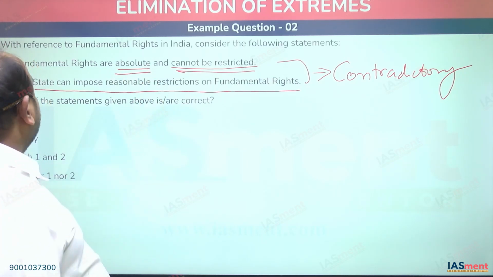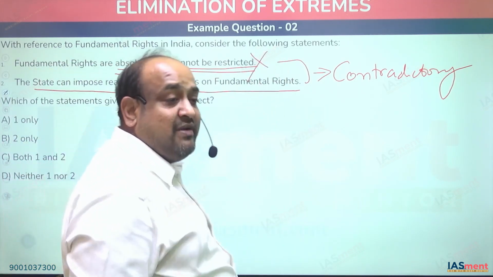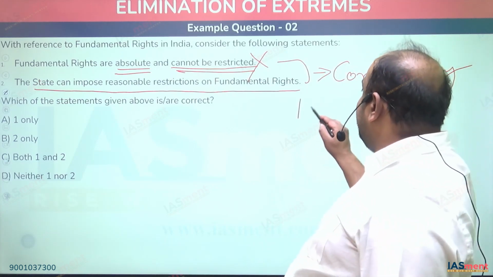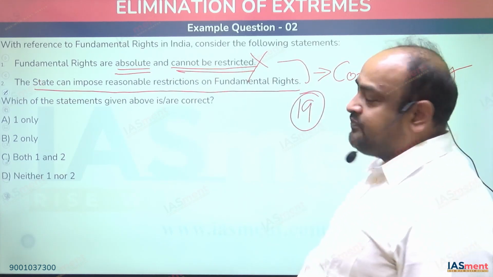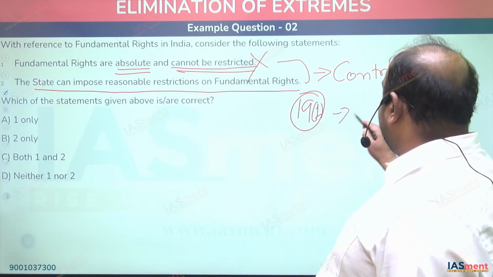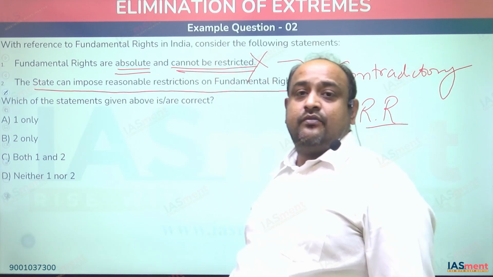Let's see. Fundamental rights are absolute and cannot be restricted. No, this is an absolutely wrong statement. As we all know, under Article 19(1), there are some reasonable restrictions, right?